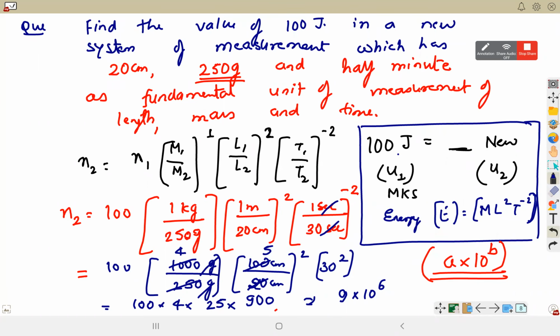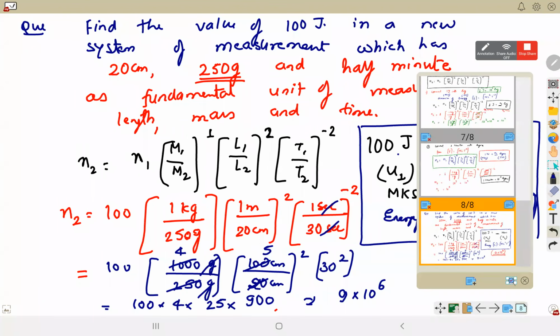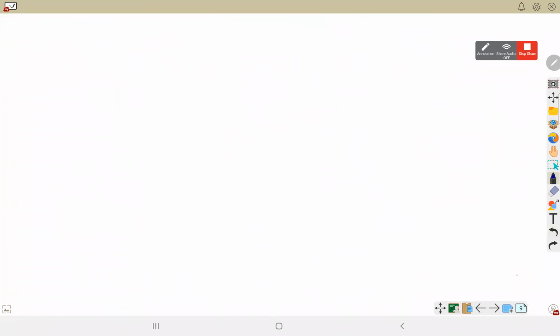Okay, next is convert 60 watt of power. Obviously power है, ये क्वेश्चन में लिखा नहीं है, ये आपको कन्वर्ट करना है, आपको समझना है that it is going to be power only.